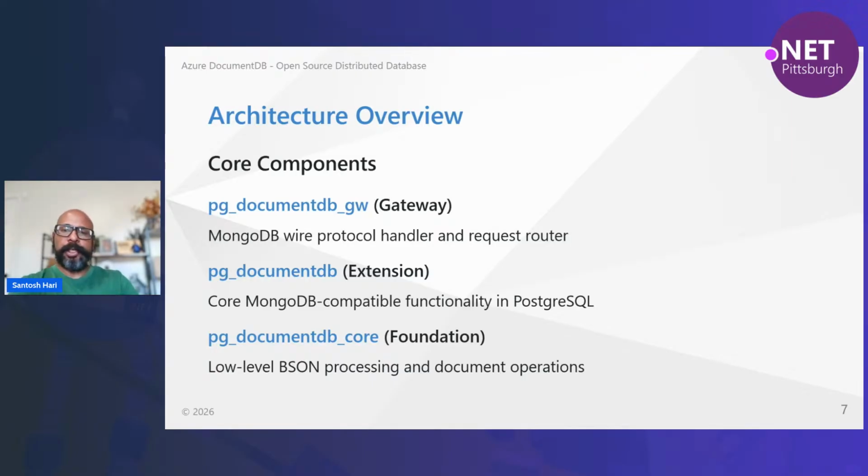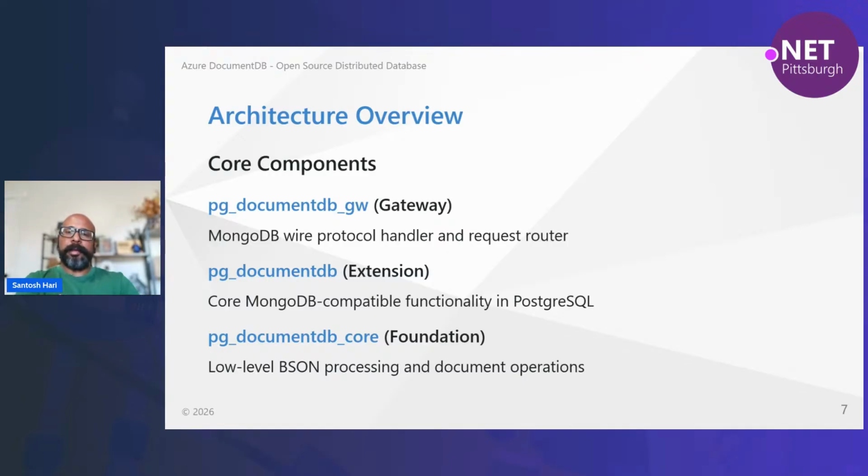And finally, there's the PG document DB core, which is basically the core library. This is the foundation layer for document processing. If folks are familiar with MongoDB, even though it's JSON, they call it BSON, binary JSON.